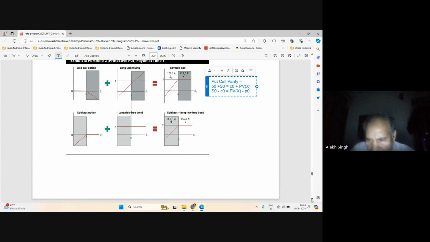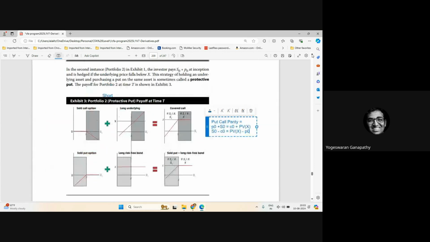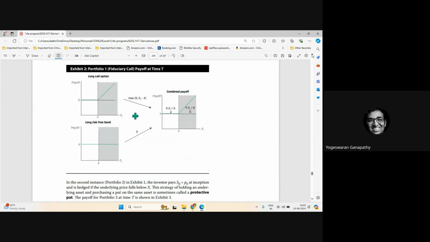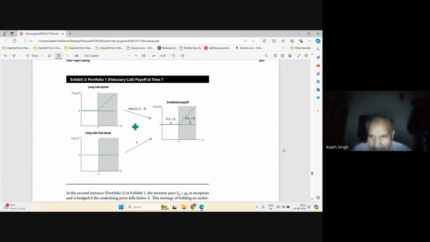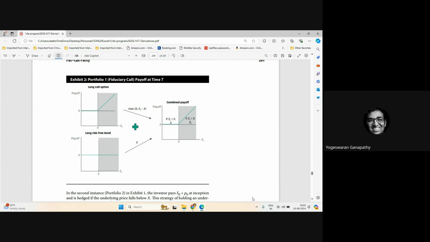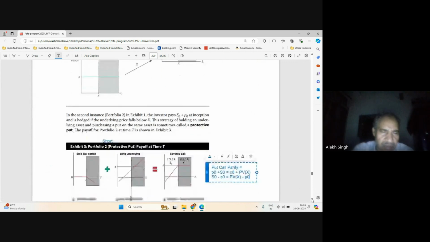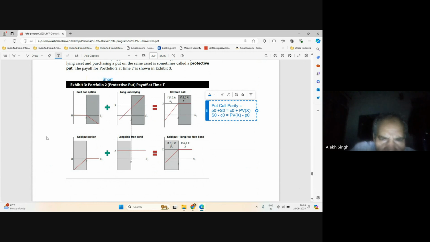Sir, in the long underlying graph, why is X up over there? Which figure, this figure or the lower figure? The lower figure, sir. Okay, long underlying: it is a one-to-one relationship. Now, why is it not starting from zero?